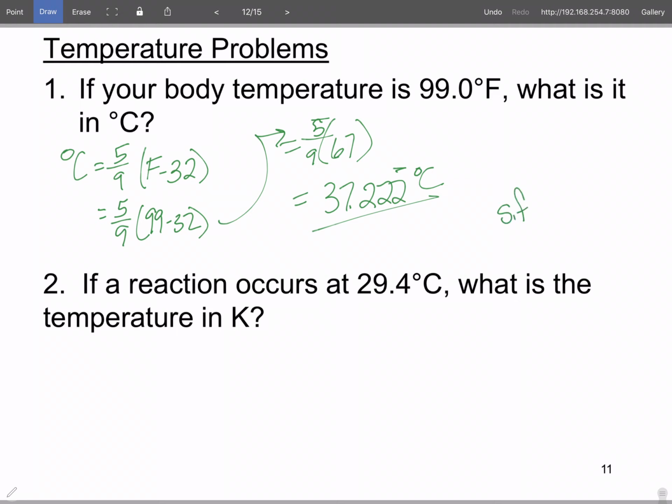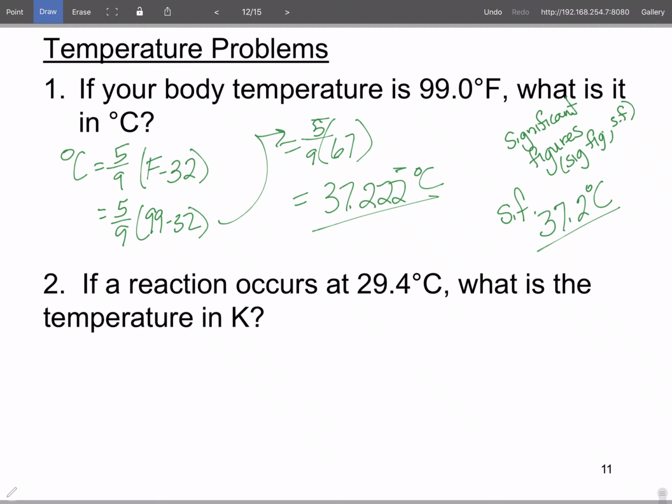So using significant figures, or what I like to call sig figs, or SF, would require you to report it in 3 significant figures, so it would be 37.2 degrees C. Okay? So that's a simple conversion there, and we're good to go on that one.